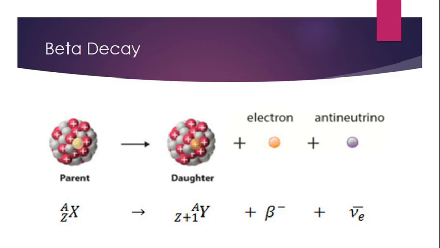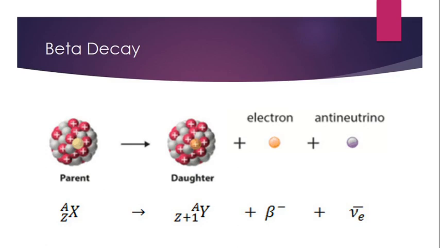In addition to electron, an antineutrino is also emitted in beta decay process in order to conserve energy and momentum in this process. So you just have to know that along with electron, an antineutrino is also emitted.